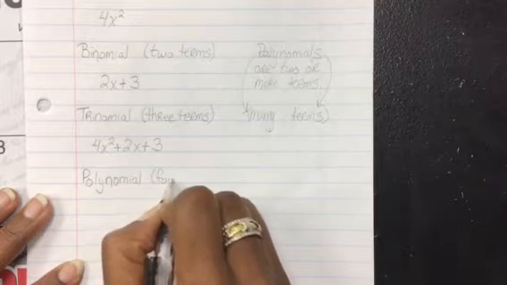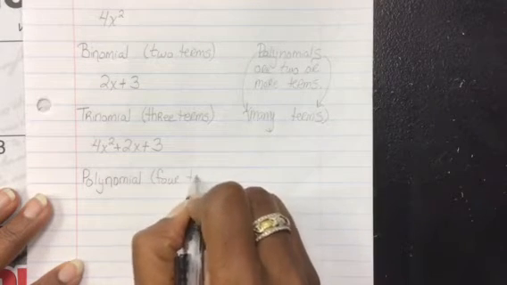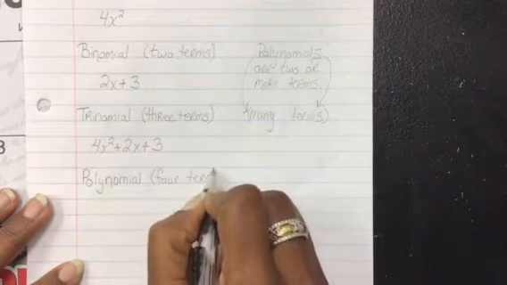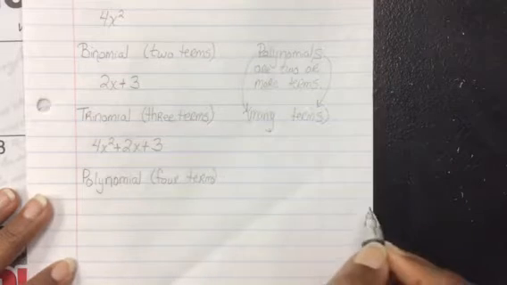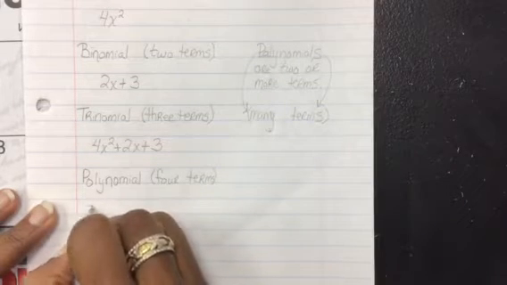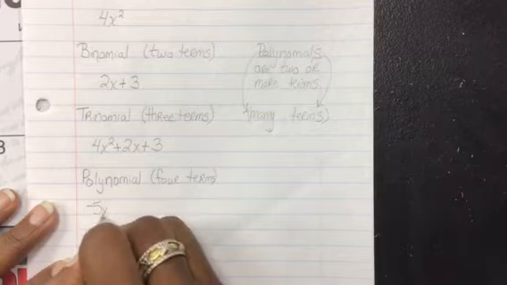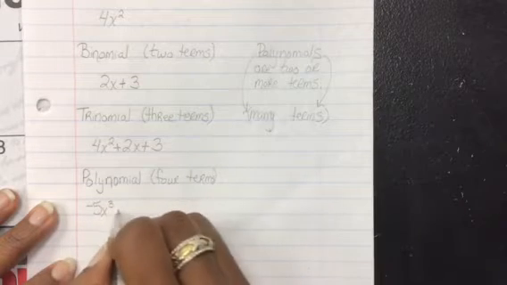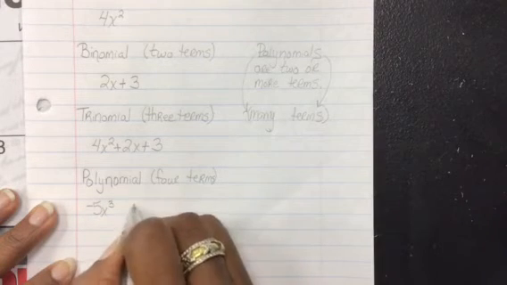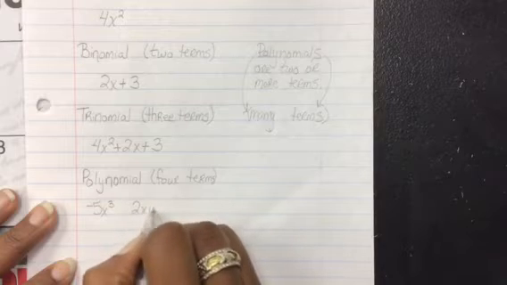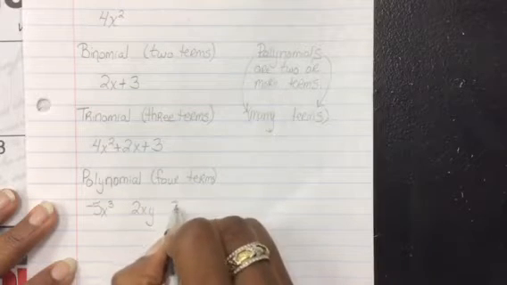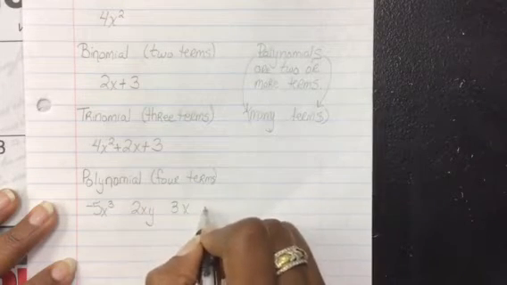And here's an example of a 4 term. So negative 5x to the third. Again, it can be a plus or a minus sign, separating each term or monomial.